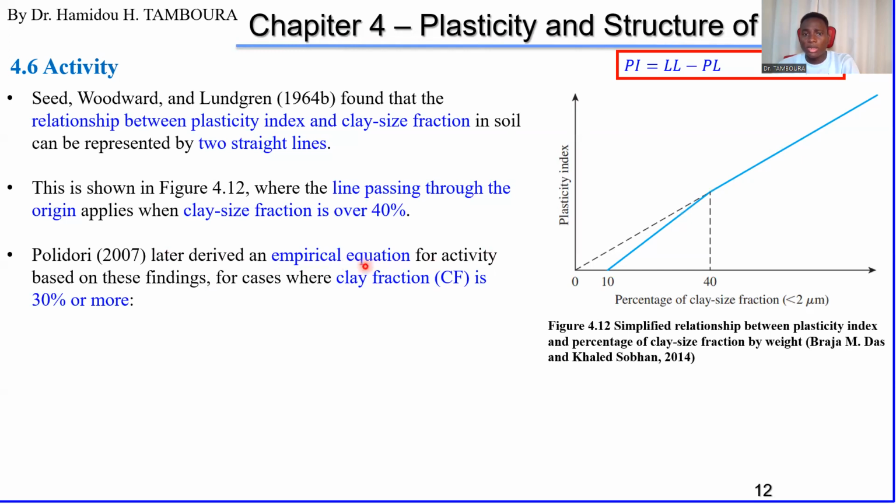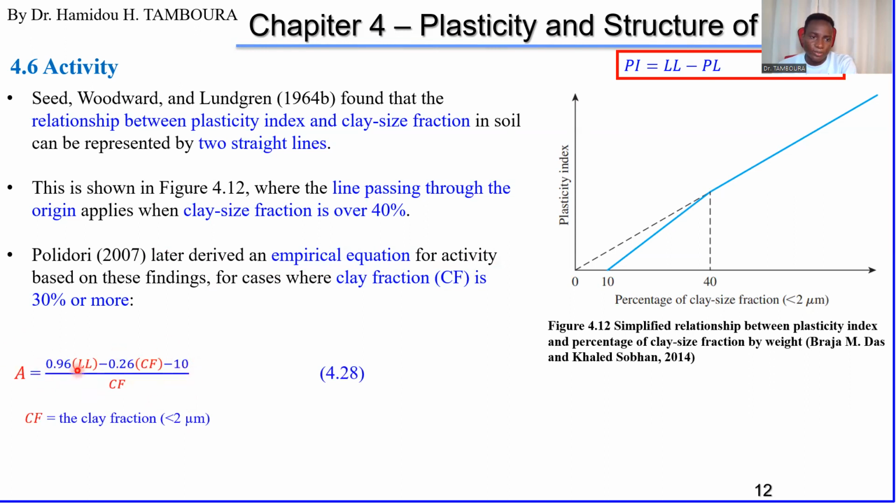So they proposed an empirical equation for activity based on this finding, where the clay fraction CF is 30% or more.